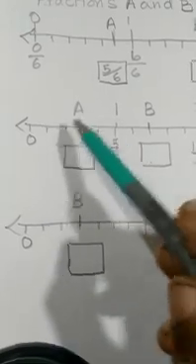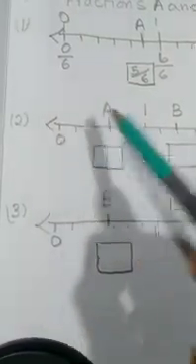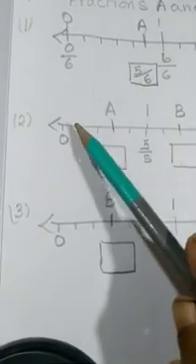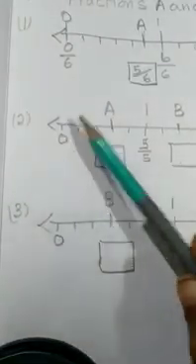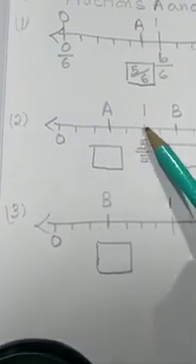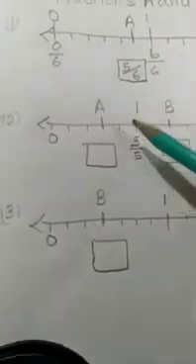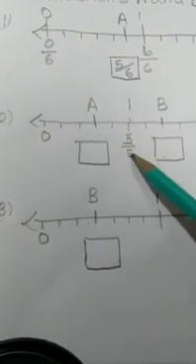Next question. See, here the number line is totally different. Here this is 0 and this is 1. Let's count 1, 2, 3, 4, 5. So 0 to 1 has been divided into 5 parts. Here it was 6, here it is 5. And here 1 is written as 5 by 5.